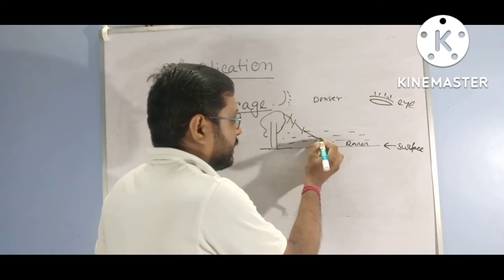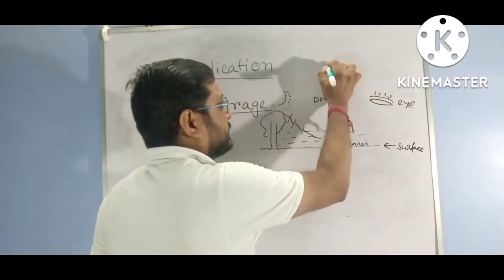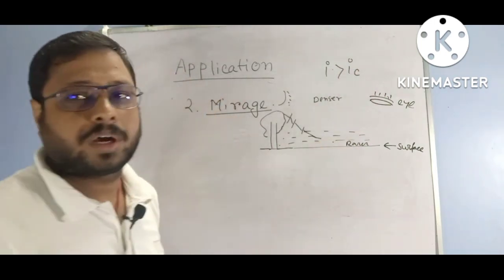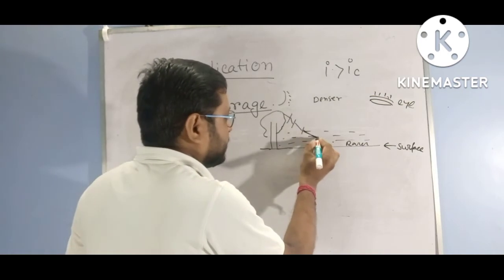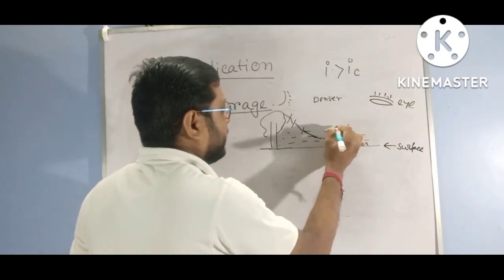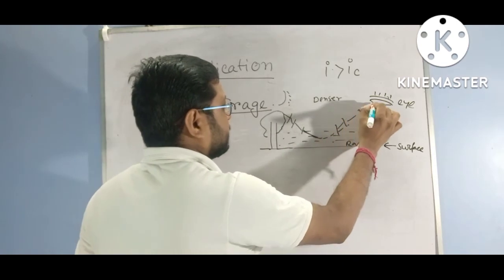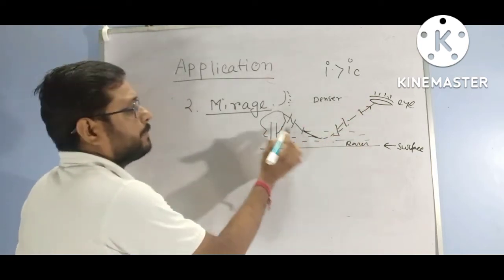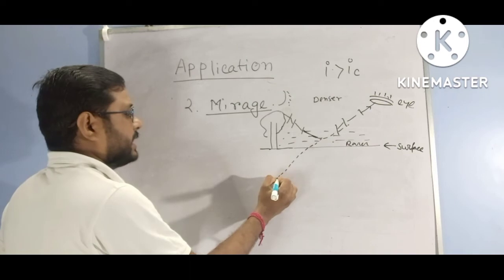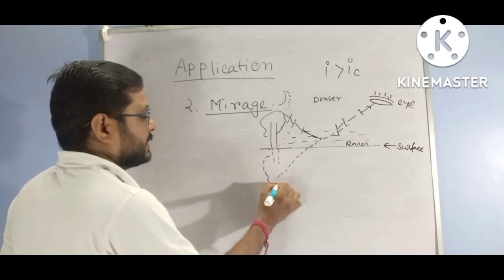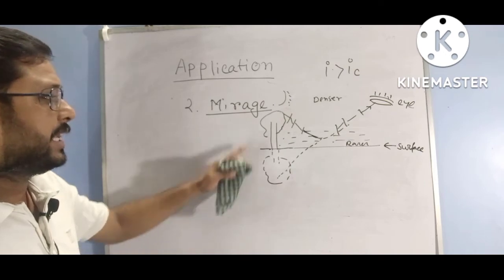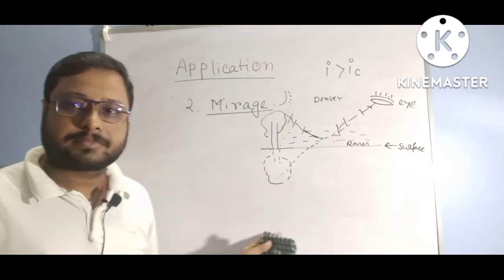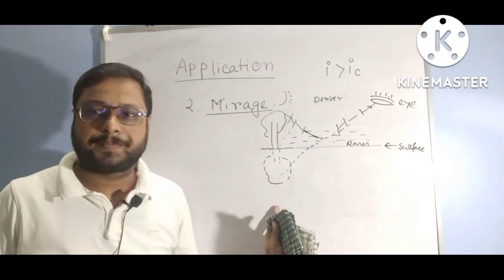But at a stage when the angle of incidence i is greater than the critical angle IC, then the reverse phenomenon will occur. So the ray traces the reverse path and goes bending upwards to the traveler's eye. But our eye cannot trace the bending path, it traces only the straight line path. So he can see an inverted image of the tree at this position.